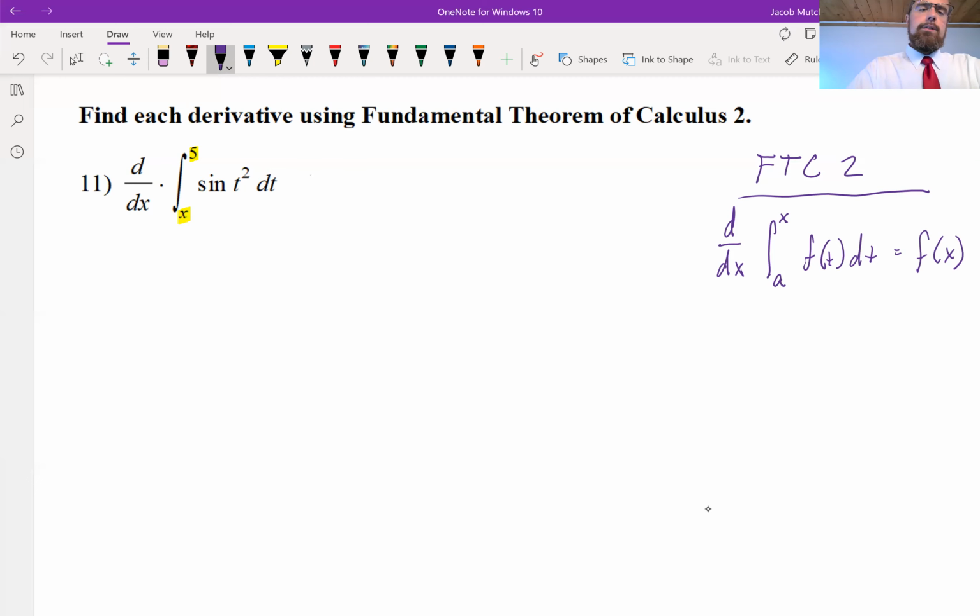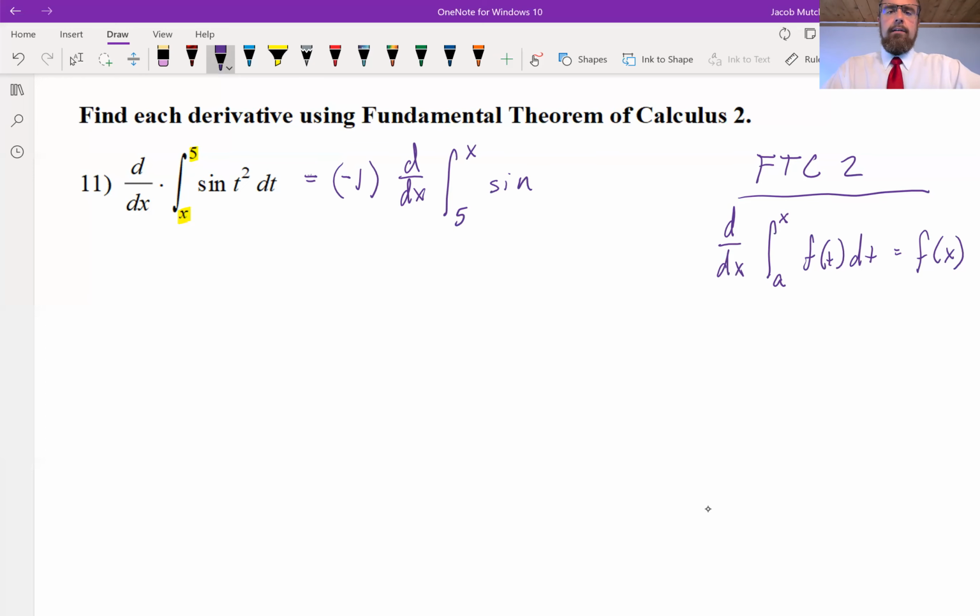So before I can apply the theorem, I need to flip or reverse these limits of integration. And that's pretty straightforward to do. Remember, I really just change the sign. So I can call this -1, that's flipping the sign. And notice I'm letting it pass outside the integration and the differentiation. So that's going to be -1 times d/dx of the integration now from 5 to x. If I include the negative sign out front, I can switch the order of the limits of integration.